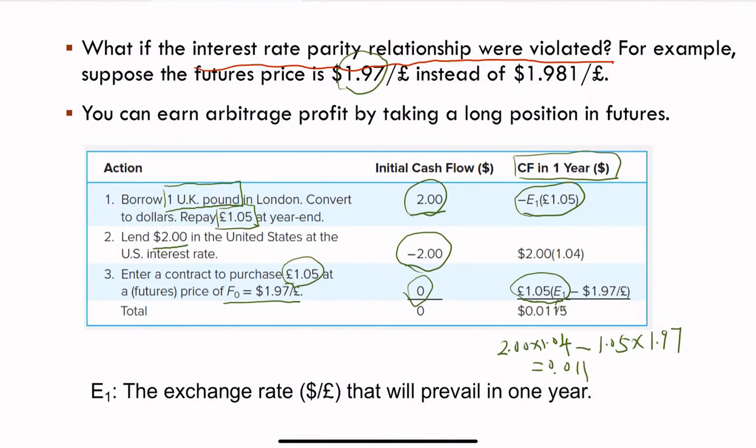That is without any cash outflow in the beginning, and in the end, you will get a positive cash flow at the end of the year. So this is an arbitrage profit.